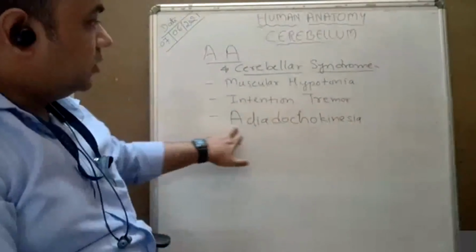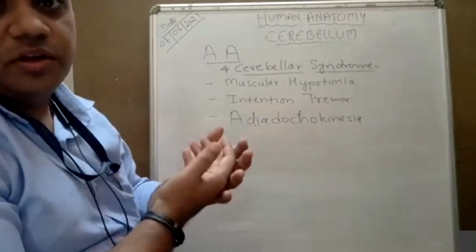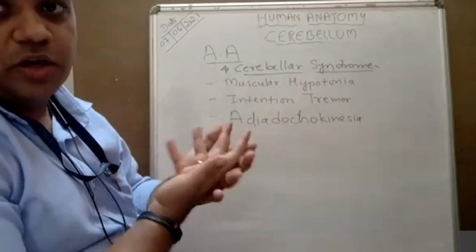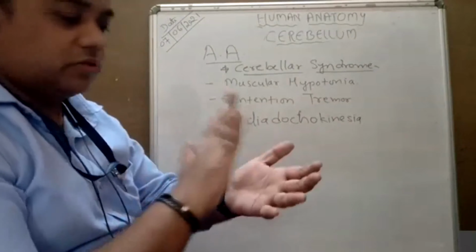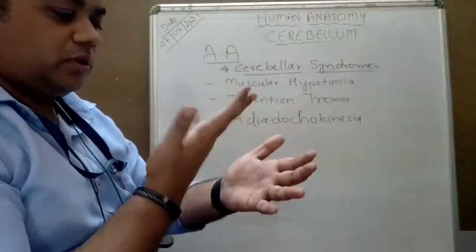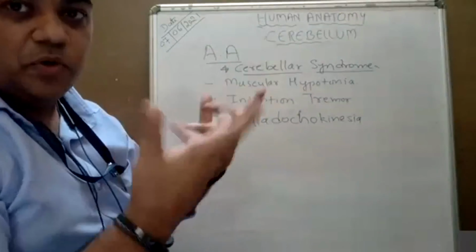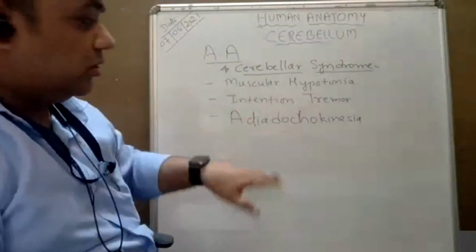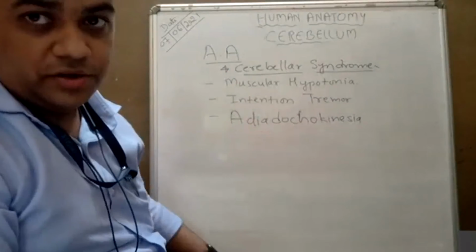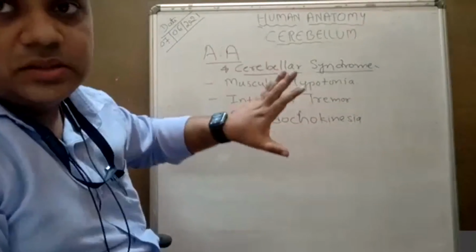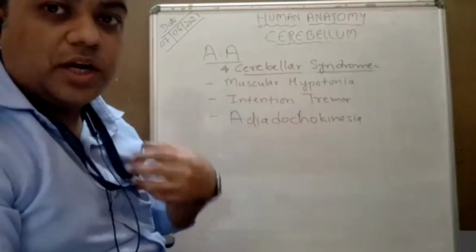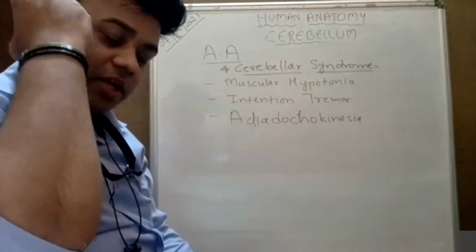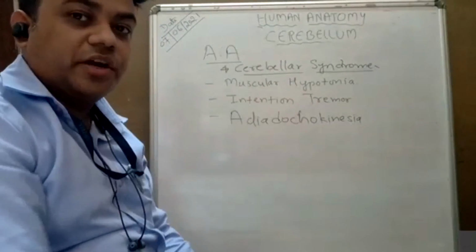So with the loss of this rapid regular movement, when we tell him to do it like this, he will be confused. He looks confused, but he is not confused; his cerebellum cannot coordinate his thinking. That is diadochokinesia. The cerebellum controls the ipsilateral side, meaning the right cerebellar hemisphere controls the right side and the left controls the left side.